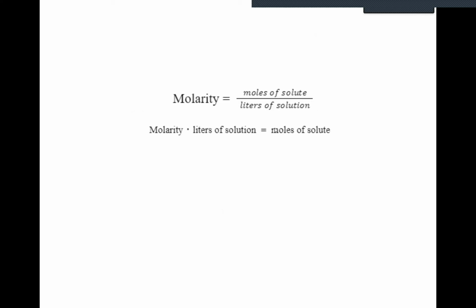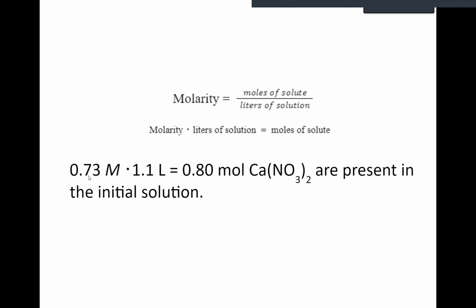Molarity times liters equals moles. Our molarity in this case is 0.73. Our volume in liters is 1.1. So we're simply going to multiply. 0.73 times 1.1 equals 0.8. There's that many moles of calcium nitrate present in the initial solution.